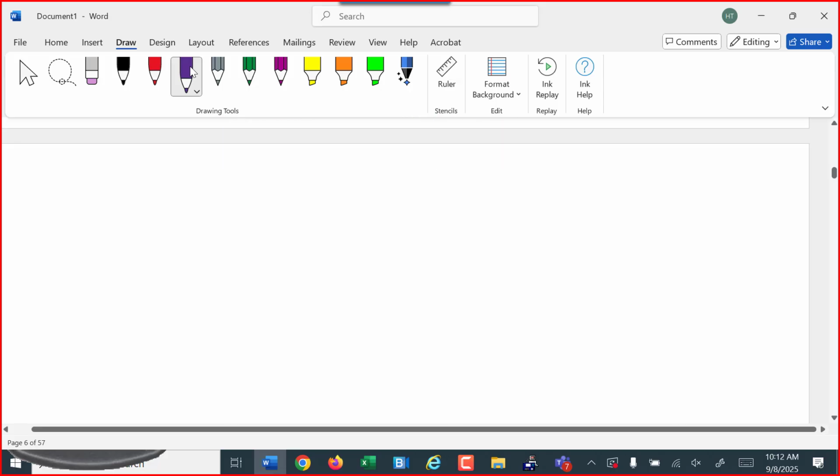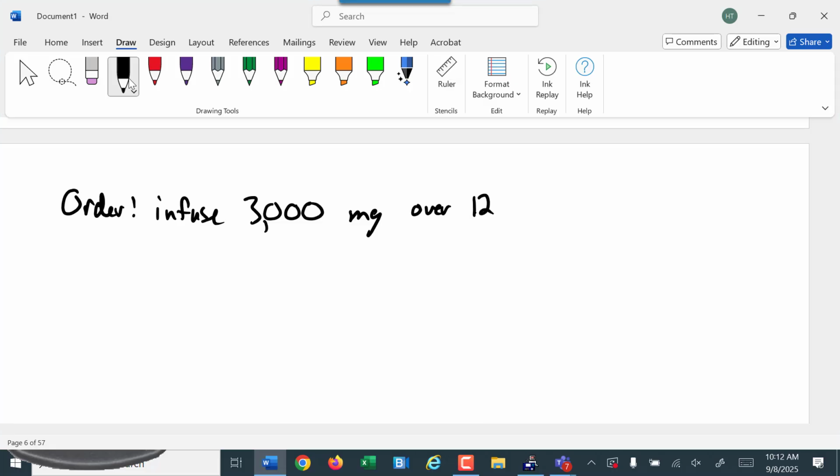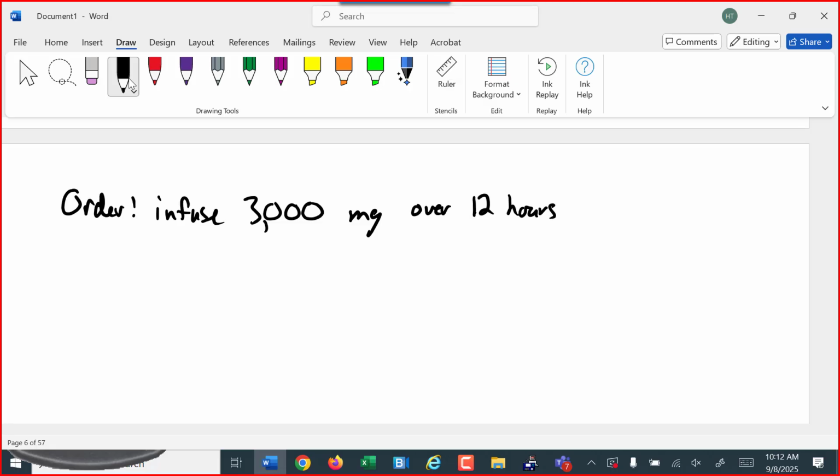So let's look at an example where we start out with the full thing all at once. So let's say we're looking at an order to infuse 3,000 milligrams over 12 hours, with a supply label that says that this is constituted as 50 milligrams in 8 milliliters of solution.